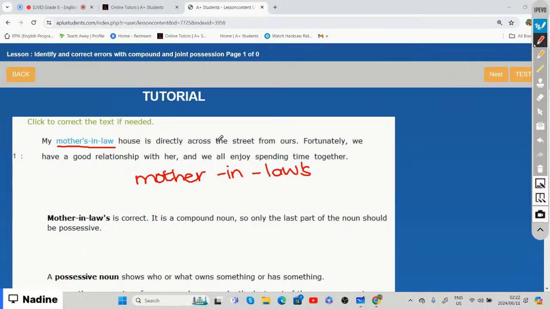So we don't say mothers-in-law, we say mother-in-law's because now we're referring to the mother-in-law's house. So that is our correction.